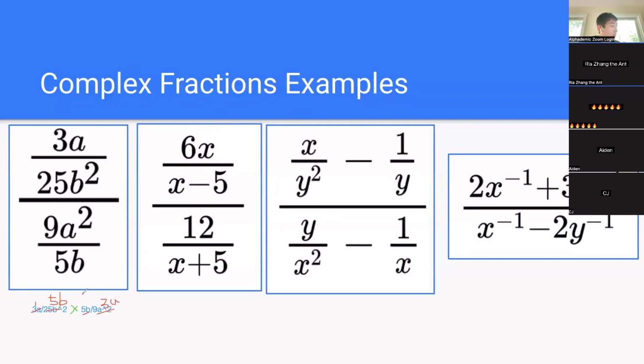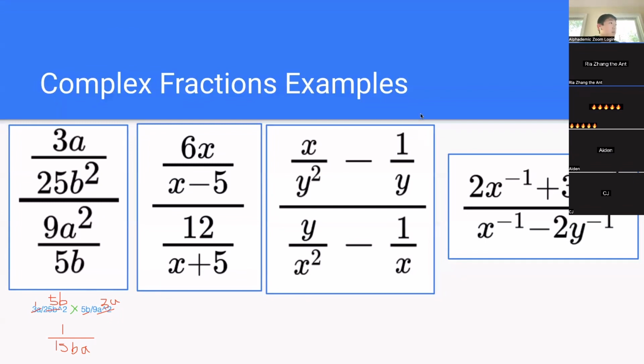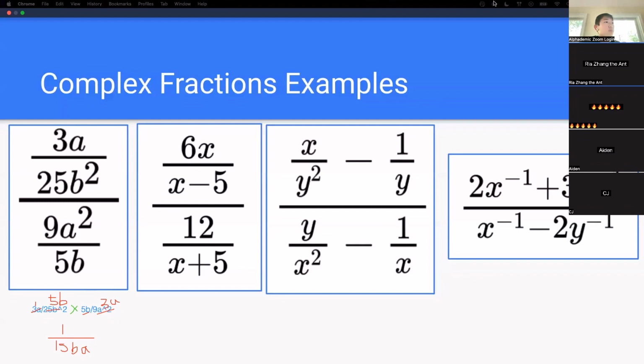So then in the end, you're just left with 1 over 15ab, and that would be your final answer. So we'll take 5 minutes, work on these 3 problems, and then once you solve the problem, just put your answer into the chat box.